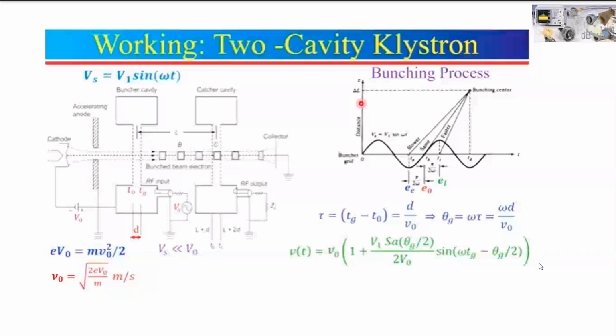The horizontal axis represents time, and the wave will be traveling at different times along this axis. Now let us say we have a reference electron E0, which reaches the cavity at this point of time. At this point of time, what is the input RF signal?